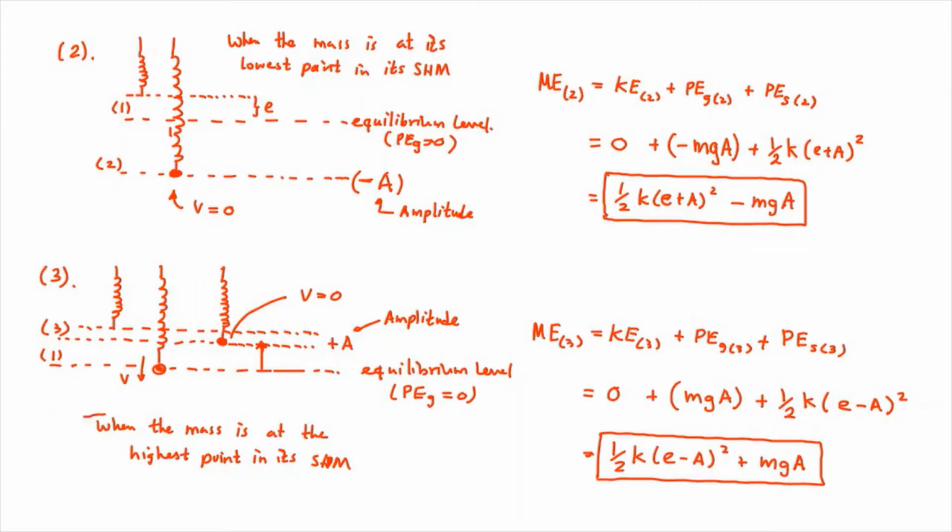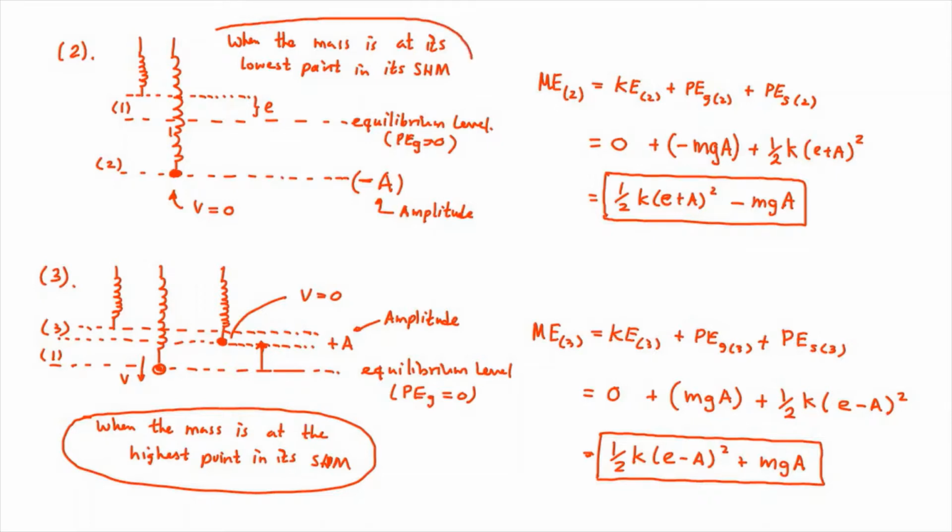Okay, so that's important because you need to distinguish what are these two cases. One is for the highest point in SHM, and the other one is the lowest point in SHM. The first one is when the mass passes through the equilibrium level, what would be the mechanical energy. So this is how you do part 1, part 2 and part 3 of this problem.